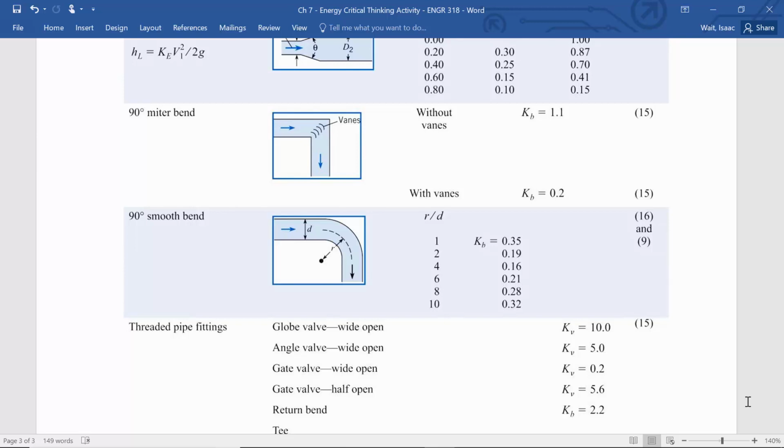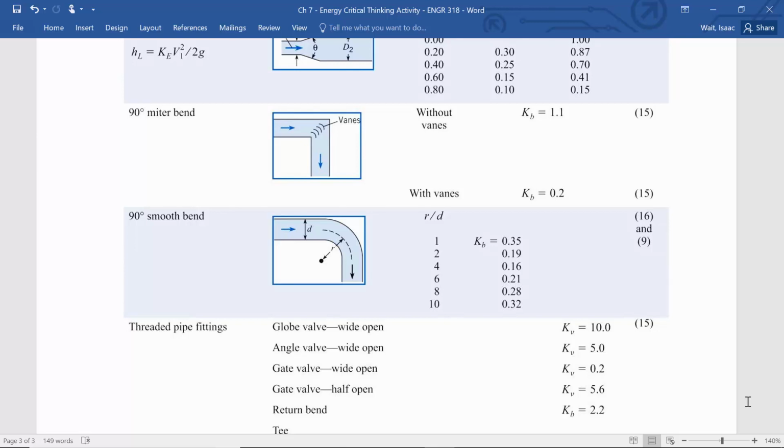So these K values are cumulative. And as long as the velocity is the same at every point, you can just add them up. That's why in the formula we're saying the sum of the K values. Because if you have a pipe that has, let's say, 2 bends and a valve, the water changes direction and changes direction again, all you need to do is find the K values.